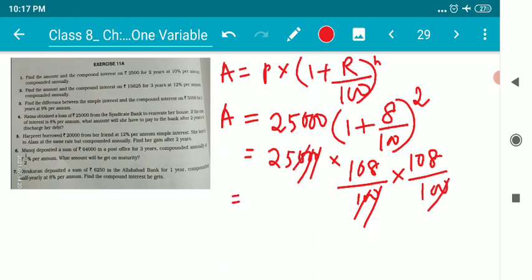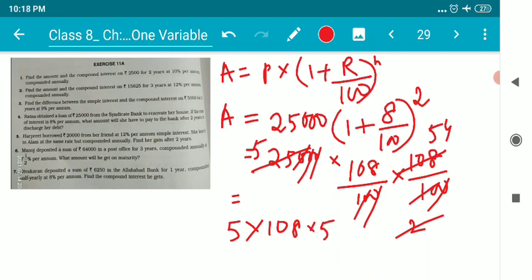Now, children, you need not cancel with 10; if you want, you can cancel with 5 also. 5 fives are 25, 5 twos are 10. I can cancel 2 with 100. 4 twos are 8, 5 twos are 10. So finally I'm having 5 into 108 into 54. Okay, children. So let us multiply 5 with 54 first.